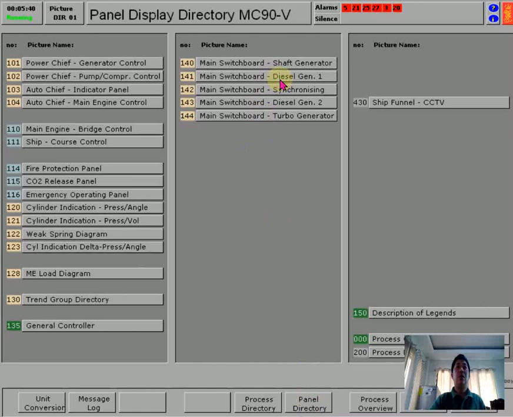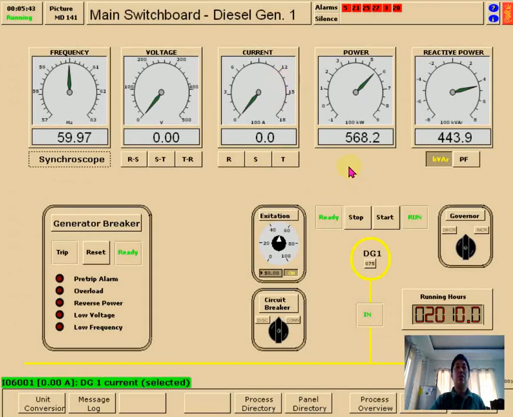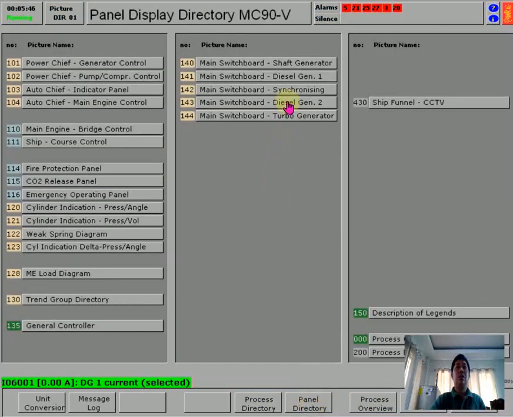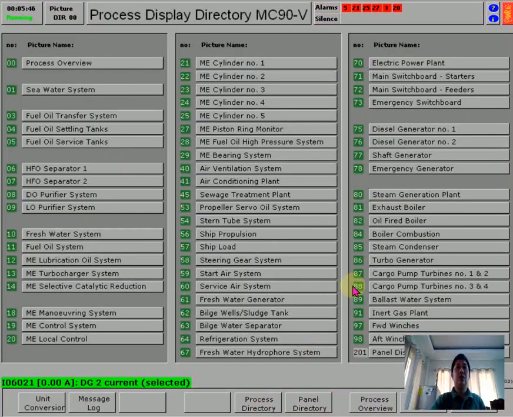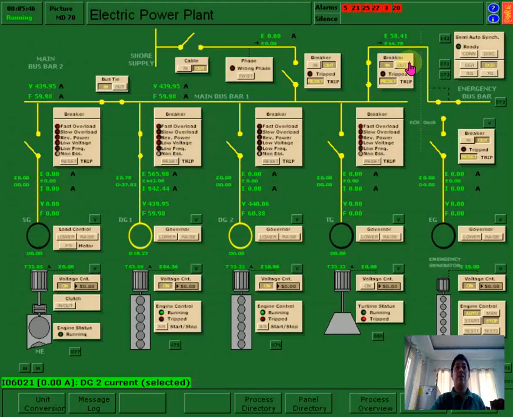DG1 switchboard and Digito switchboard. But I would like to synchronize here the electric power plant. So I will add the frequency.